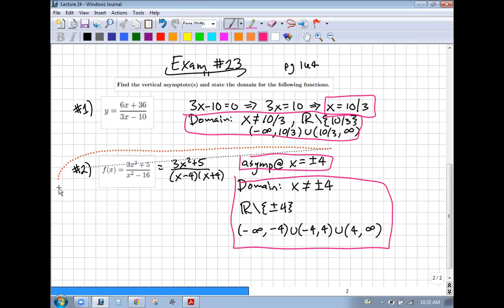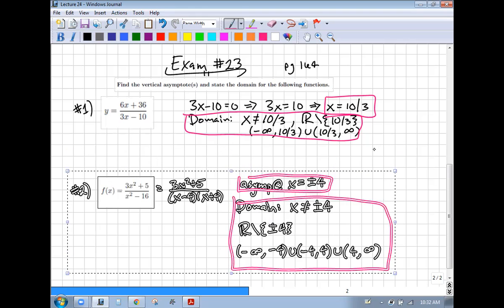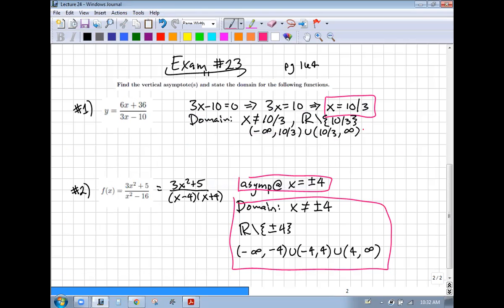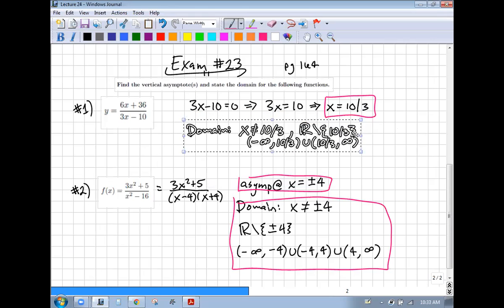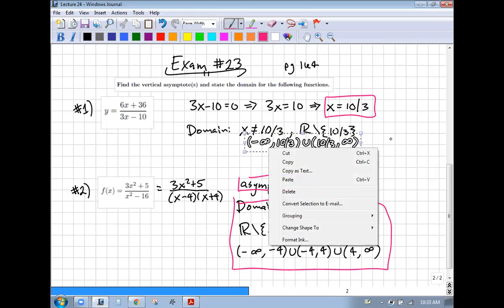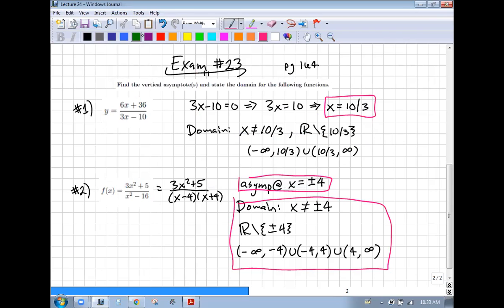Okay. I guess I could give number 1 a little more room here. Yeah, that's a little better.